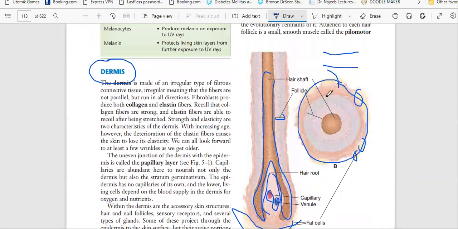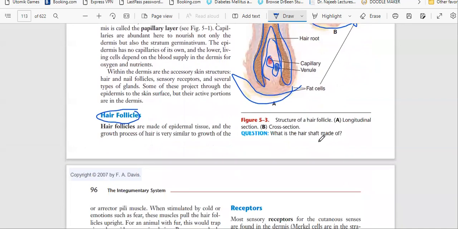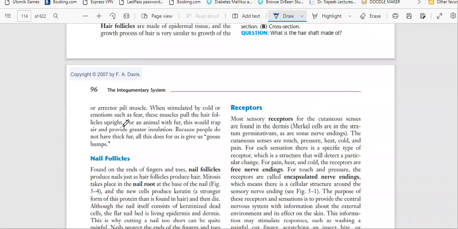Okay, and this is the hair shaft, and this is the hair follicle. So these are the structure of hair. So let's talk about hair follicles.